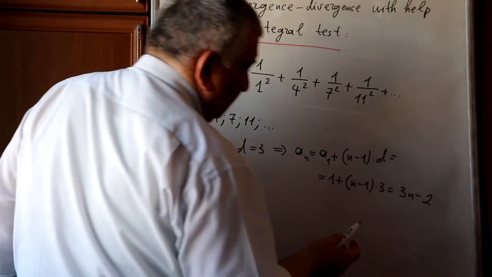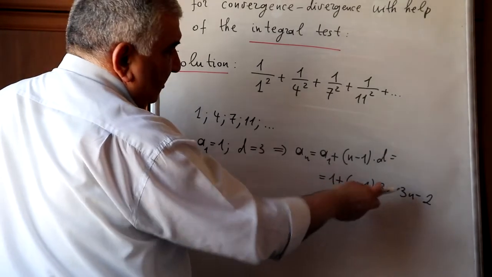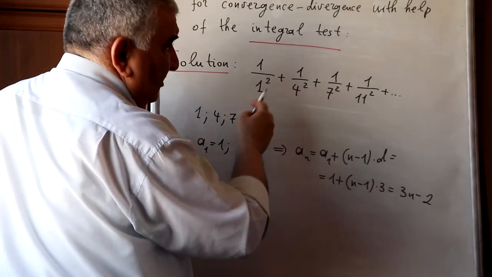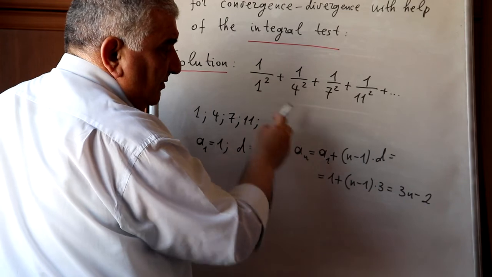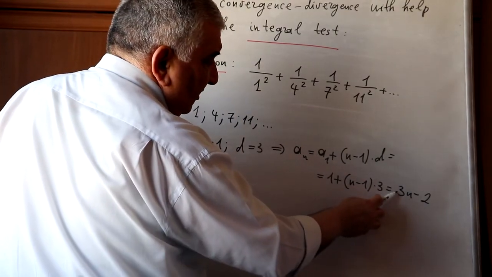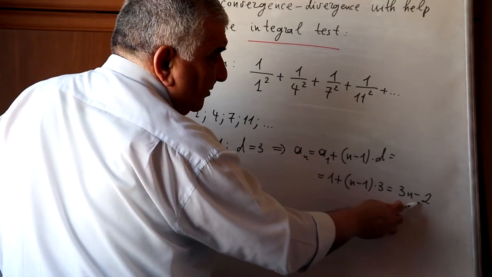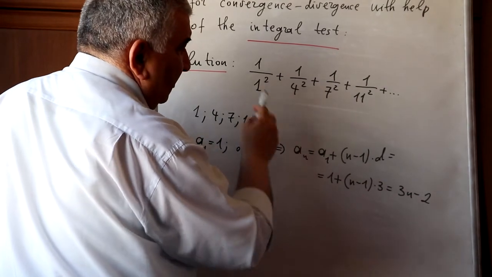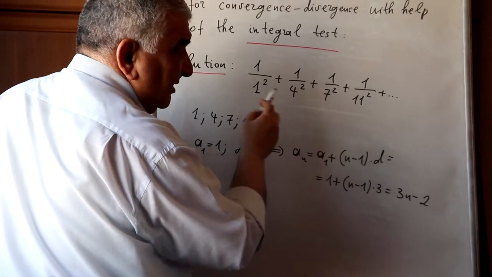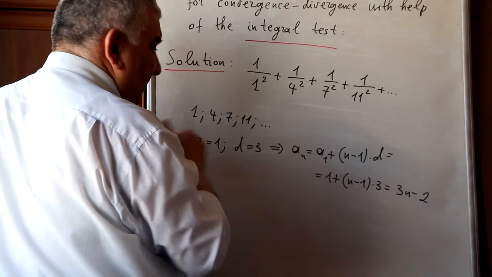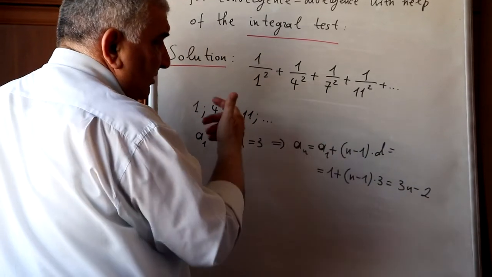We can check this formula. For the first term n is 1. Substitute 1 instead of n. 3 multiplied by 1 is 3, 3 minus 2 is 1 squared. For the second term, n is 2.